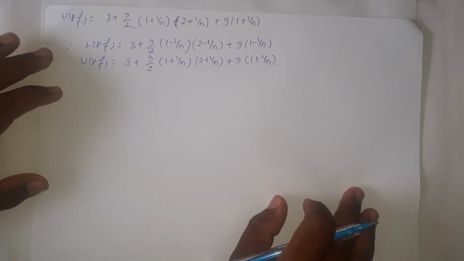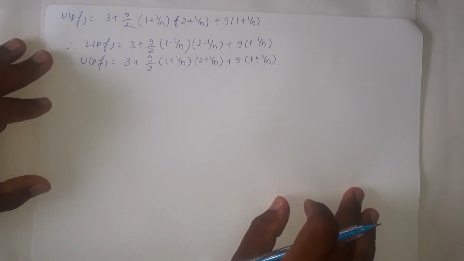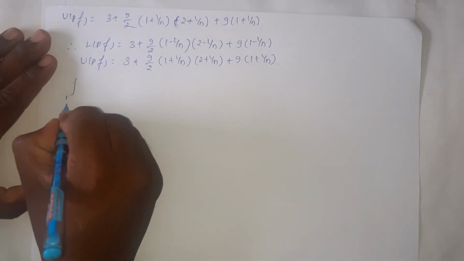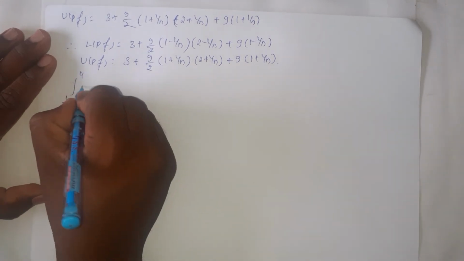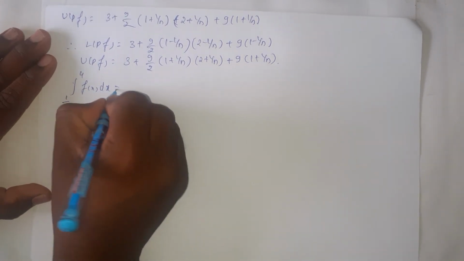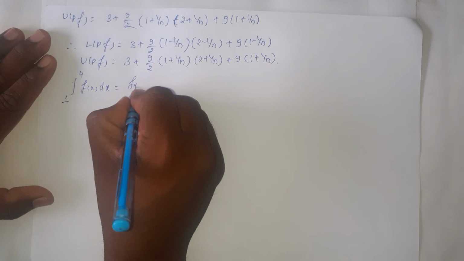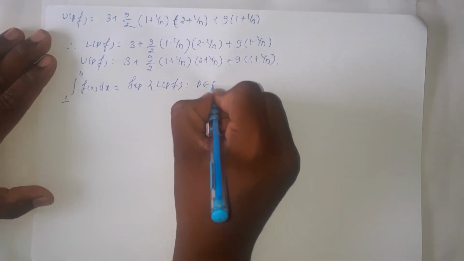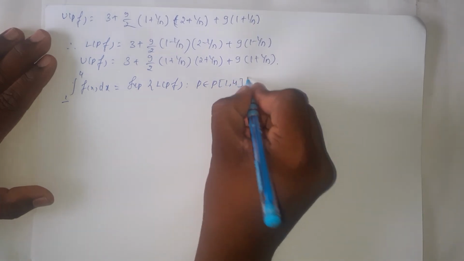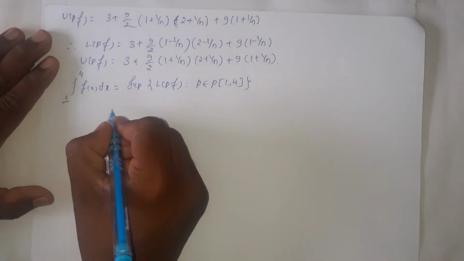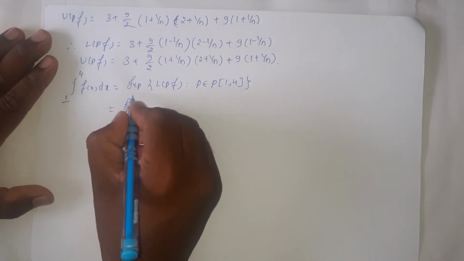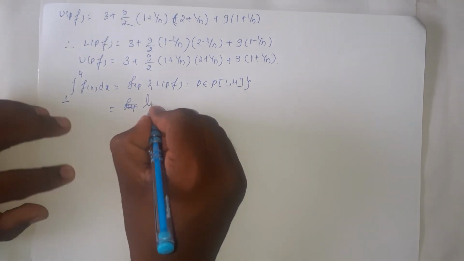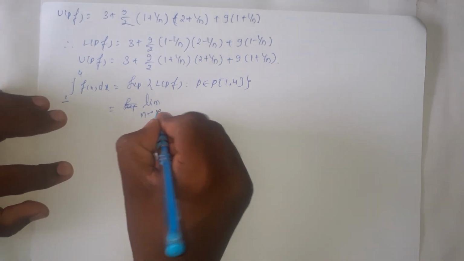Next, let us find the upper and lower Riemann integrals. First, lower Riemann integral, integration of bar 1 to 4 f of x dx is equal to supremum of LPF such that P is the partition of the closed interval 1 to 4. Now, while finding the supremum we need to apply the limit as n tends to infinity.